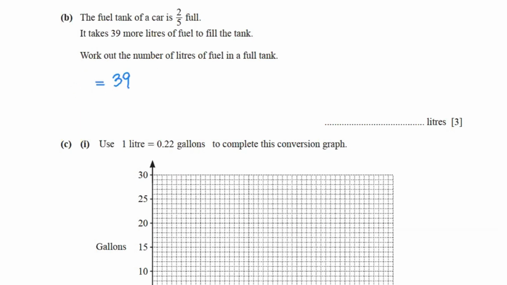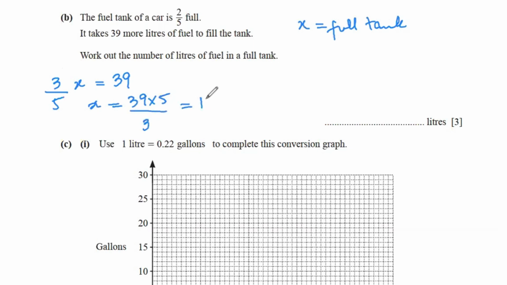So 3/5 of the full tank, X is the full tank. So we'll do X equals 39 times 5 divided by 3. That's 13 times 5. And that equals 65 liters.